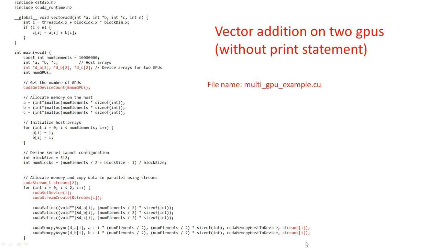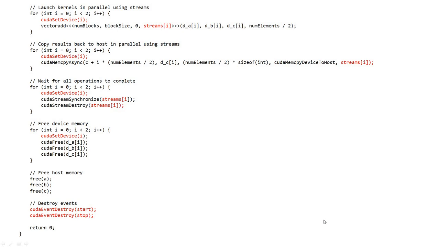Memcpy also has a slight difference, and here we are using memcpy asynchronous. This is one thing you have to note, because we are going to use two different GPUs. Whatever is marked in red is to plan for the two GPUs.